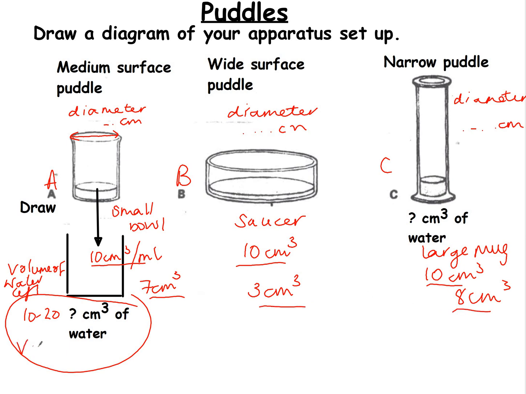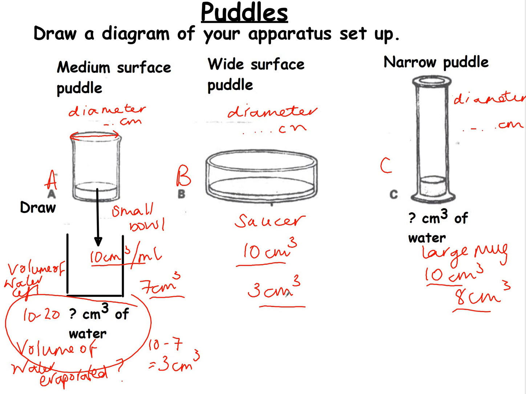So then we want to know what was the volume of water that evaporated. So if there were 10 to begin with and 7 was left, how much has evaporated? 10 minus 7 should give us 3 cubic centimetres.